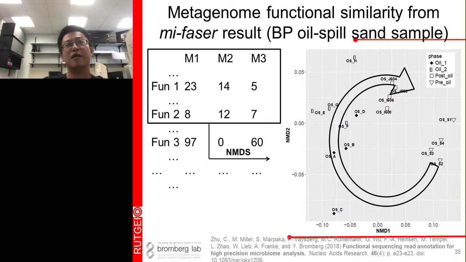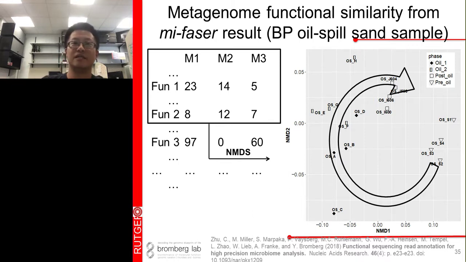It's very nasty. However, for this group, they actually had the sand data before the oil, during the oil phase, and then sand samples after the oil had been degraded, the post-oil phase. So we analyzed this data set with MyPhaser and then used NMDS, which is a visualization method, to compare the functional similarity between these metagenomes in the data set.